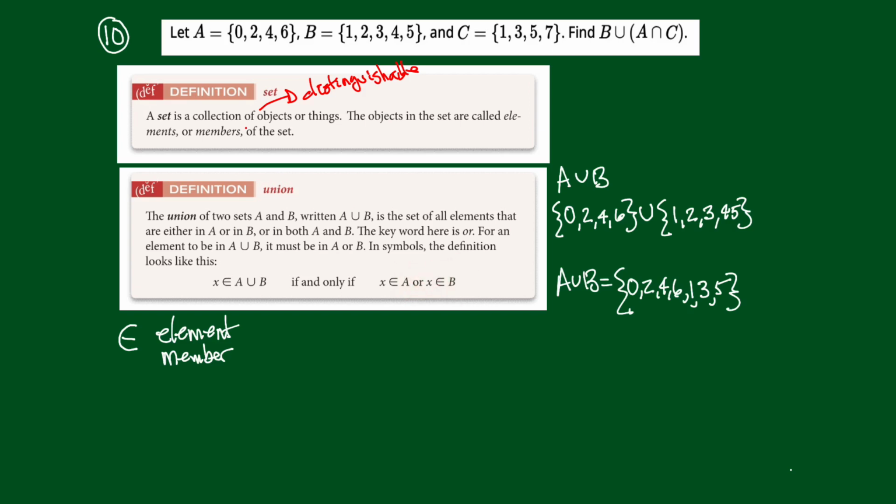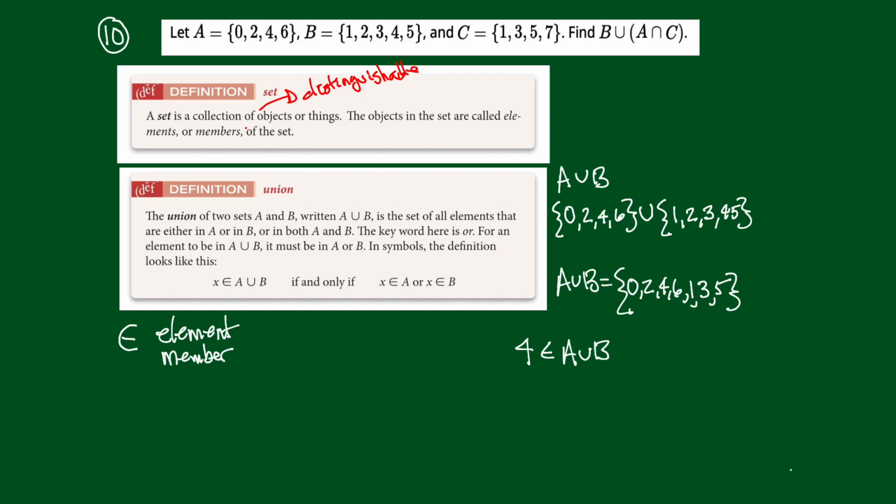All right, so let's look over here at the example we just did. I'm going to do this at the bottom right over here. Now, what about 4? If I look at 4, I'm going to say 4 is an element of A union B. And why is that true?